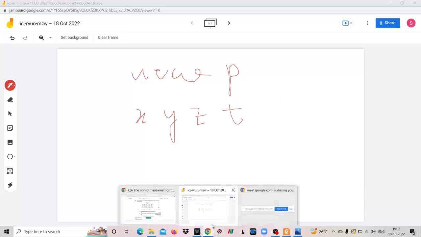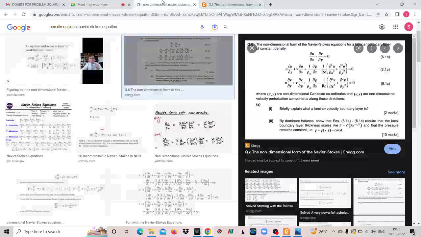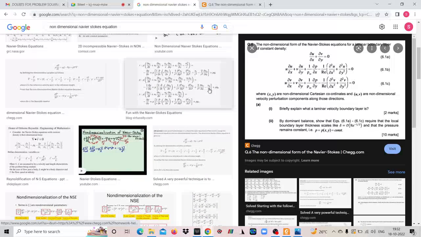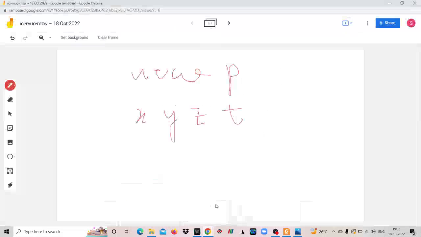If you look at the non-dimensional form of this Navier-Stokes equation, here this U, V, W are basically all the non-dimensional velocity. See here, this U, V, W are not the U, V, W that you have written.